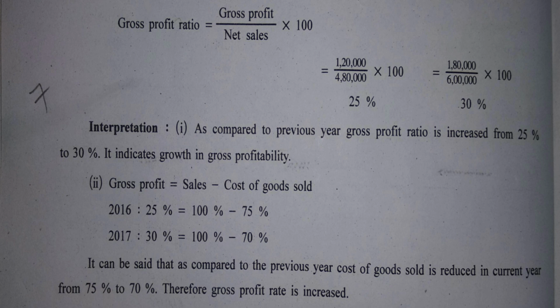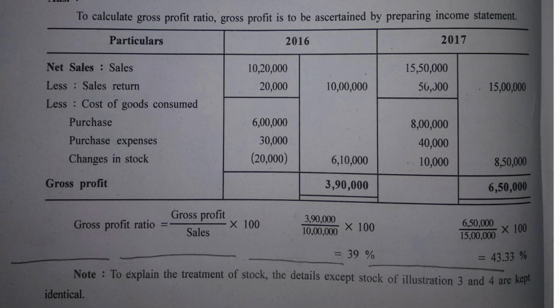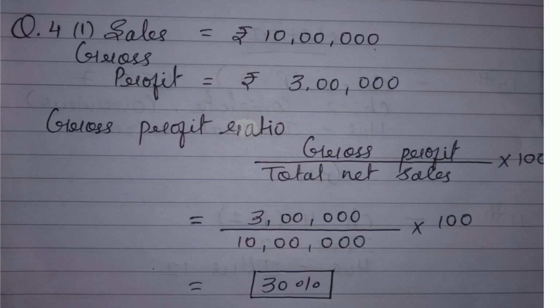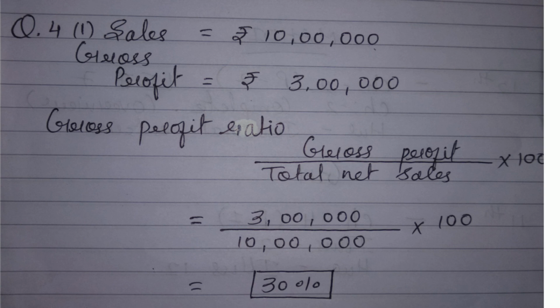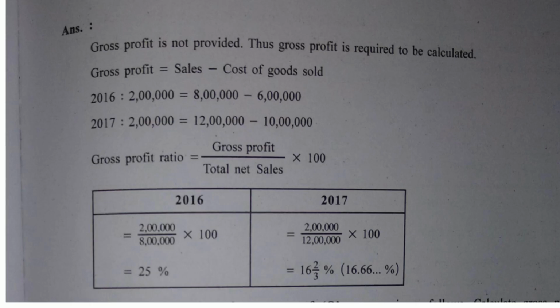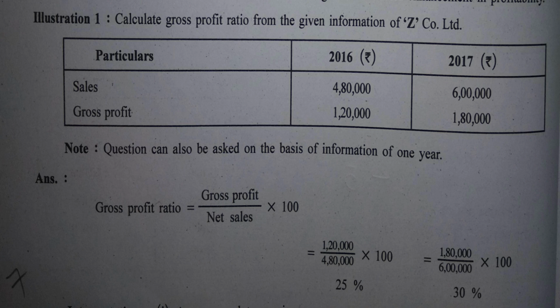Yes? So, we have a sum of similar kind in the exercise. Question 4 in exercise. This is the solution for the first sum in question 4 given in the exercise. As they have written in the illustration, the question can also be about 1 year.